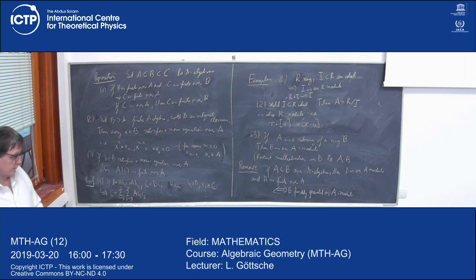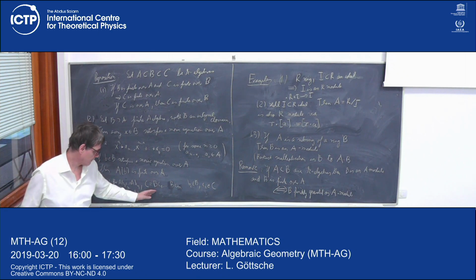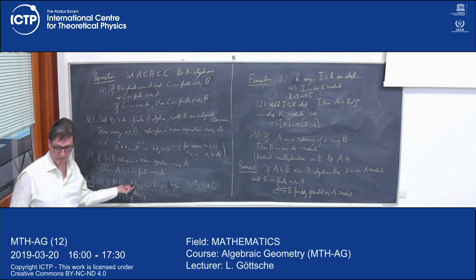No? Because each element here we can write as linear combination of the cj, with the coefficient you can write as linear combinations of the bi.